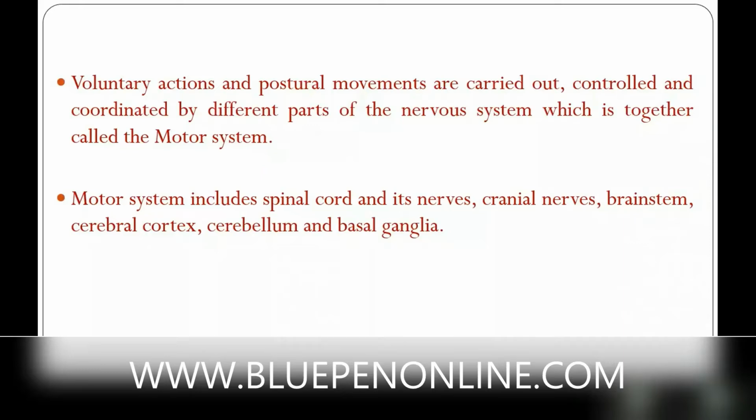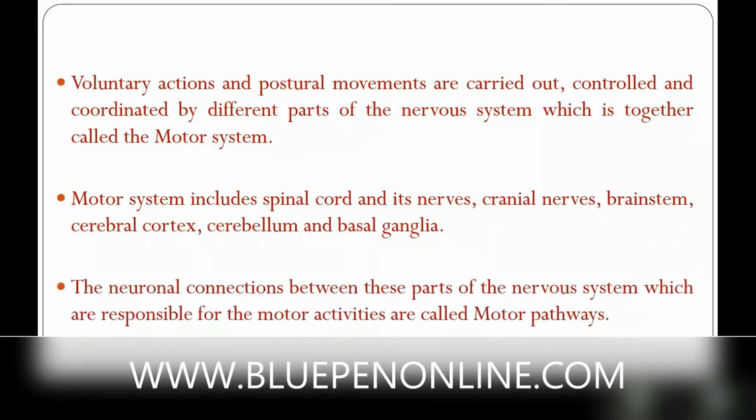These are the areas involved in the control and coordination of voluntary actions and postural movements. Everything related to skeletal muscles is controlled by these parts of the nervous system. The neuronal connections between these parts, which are responsible for motor activities, are called motor pathways.